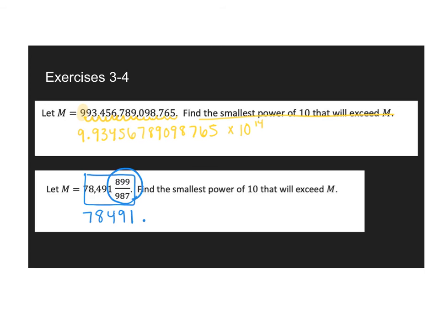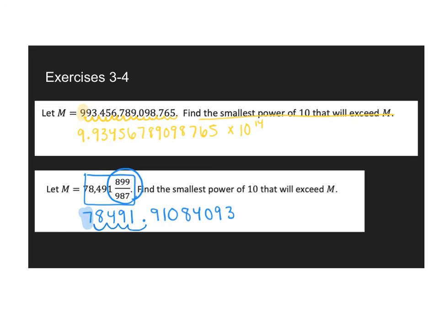We need to figure out 899 divided by 987. What does that equal? Well, when you put that in your calculator, you should get 0.91084093. Okay, now we have our number, and now we're going to write it in scientific notation. Here's my leading digit, and I'm going to be moving this decimal 1, 2, 3, 4 spaces.